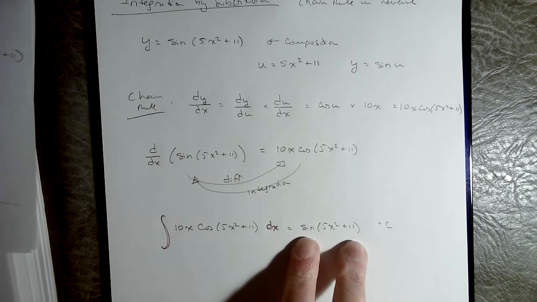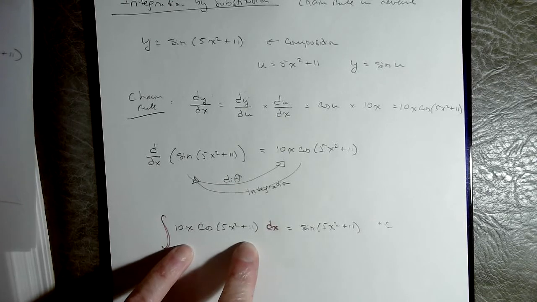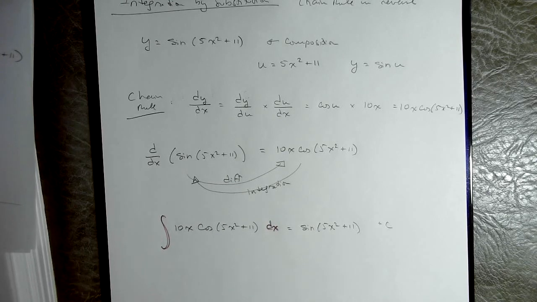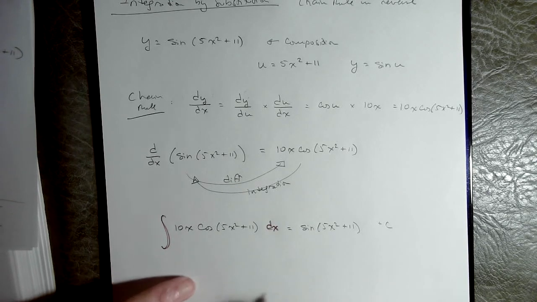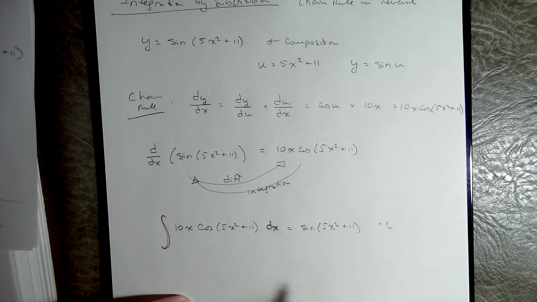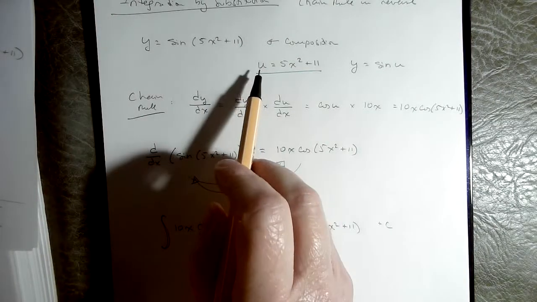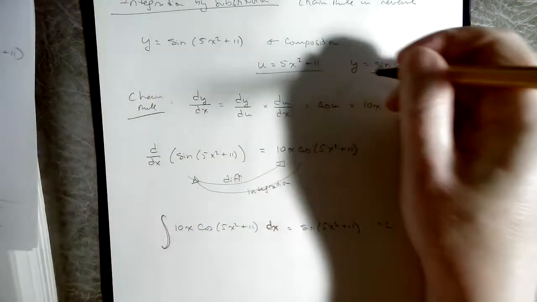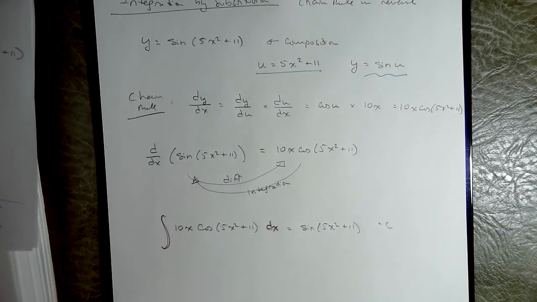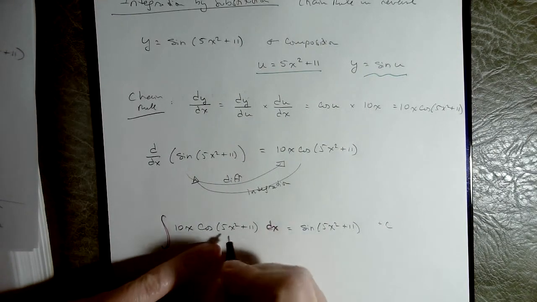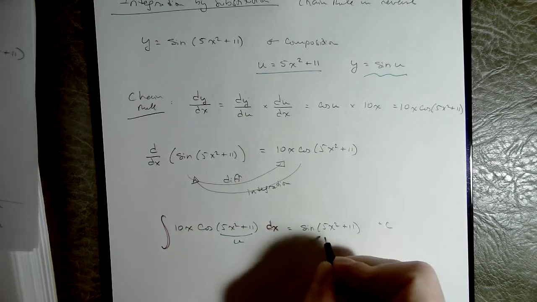And this is the structure we're interested in. And I want to highlight where all the u's went. So we said that u was the expression composed inside the sine function. And here's that u, and here's that u.